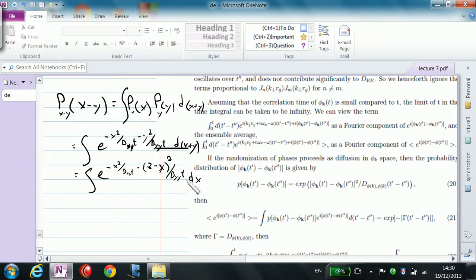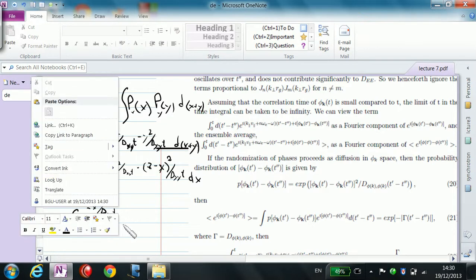If x changes and y doesn't... what is y? If you fix z, y is x minus z. Alright, so let's do it. E to the minus x squared. Y is x minus z. It's squared, so it doesn't matter.